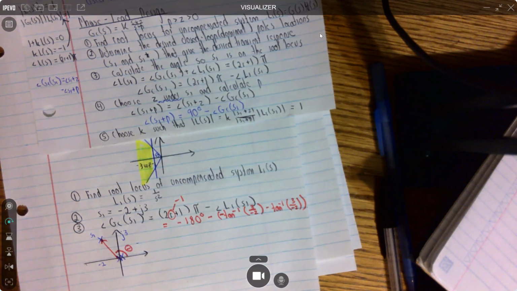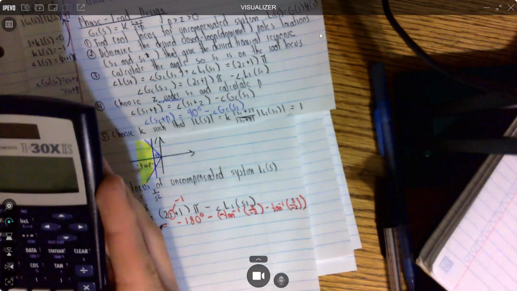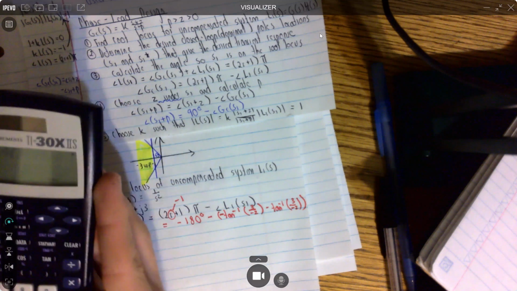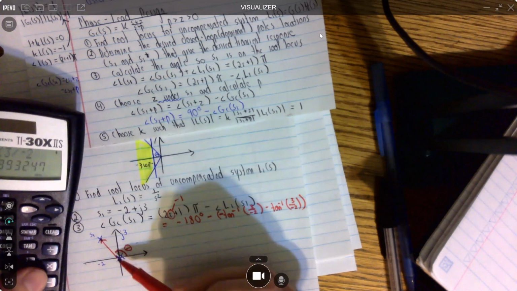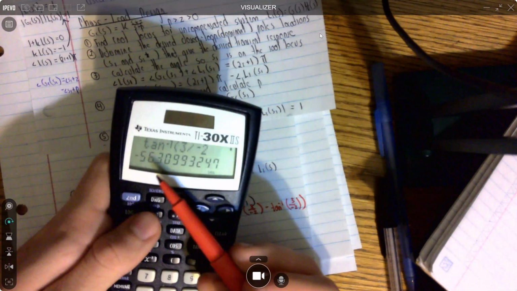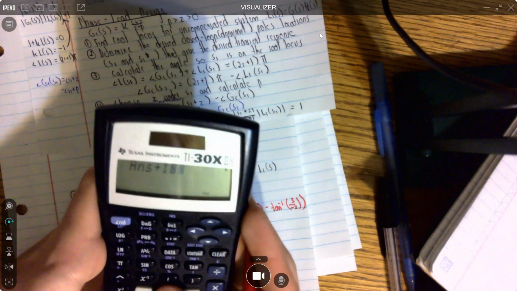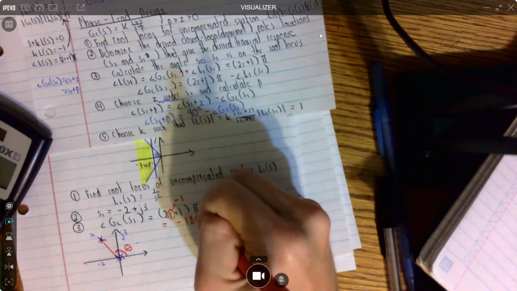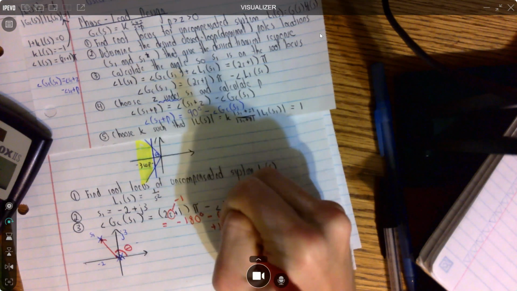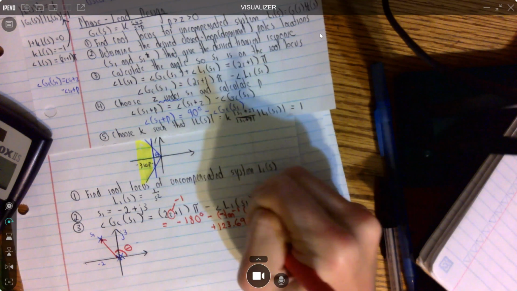Now, tan inverse, if I do tan inverse 3 divided by -2, remember my angle should be in this region here. I get -56, so I need to add 180. And so I get 123.69. So plus 123.69 plus 123.69.